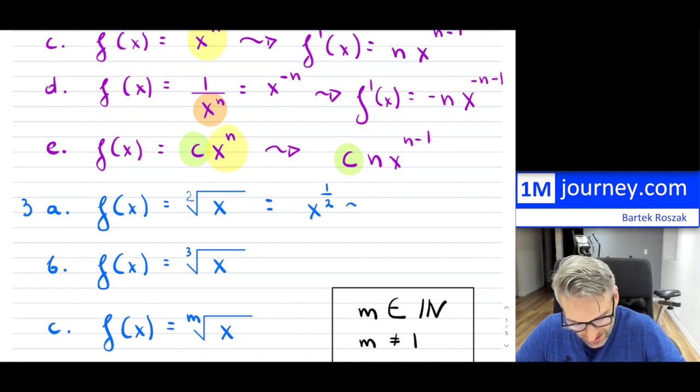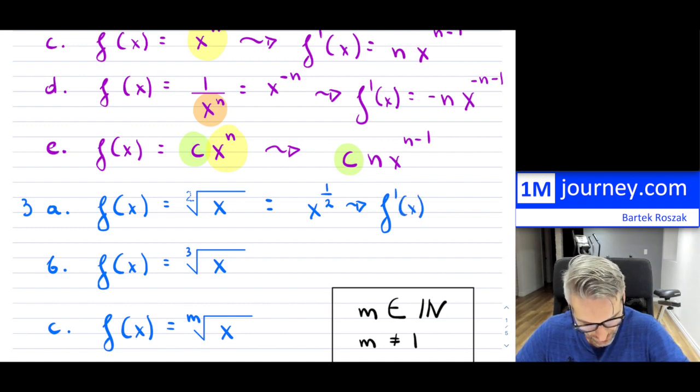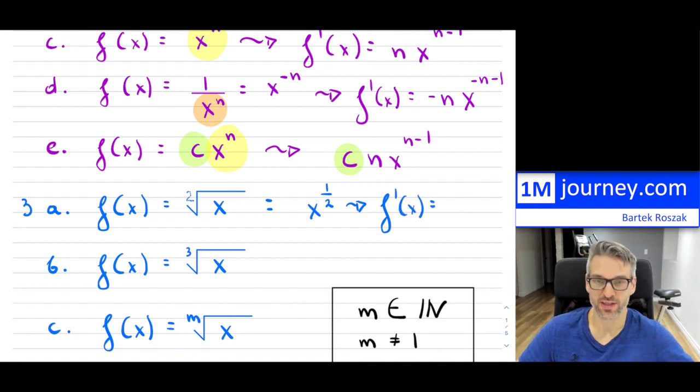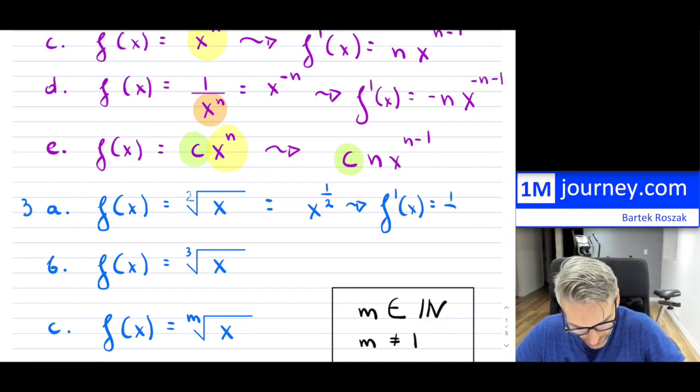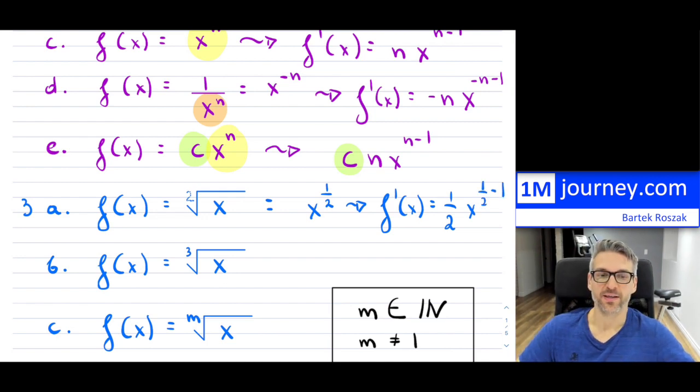Now, finding the derivative of this is actually the same. The rule for these radicals is that you take your exponent, bring it in front, and then subtract 1 from it. 1/2 minus 1 is negative 1/2.